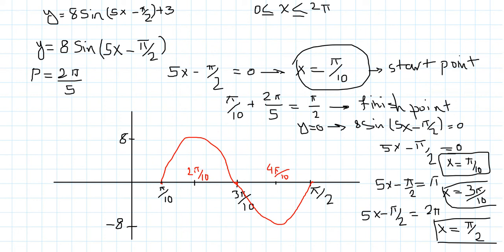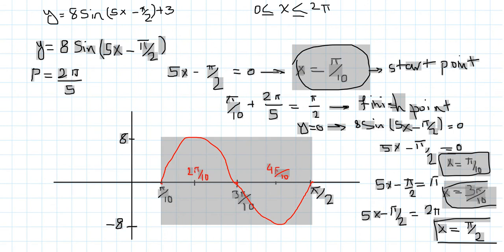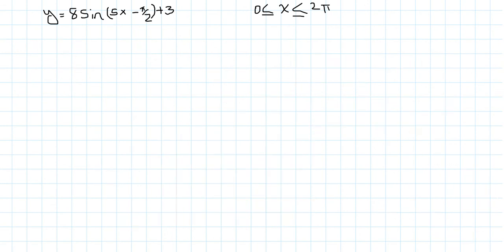Now let's go to solving y equals 8 sine 5x minus pi over 2 plus 3. Okay, because I have shift on y-axis, I will have a new amplitude. I know my amplitude is positive negative 8. Because I have shift here, it is positive negative 8 plus 3. So one time positive 8 plus 3 will be 11.